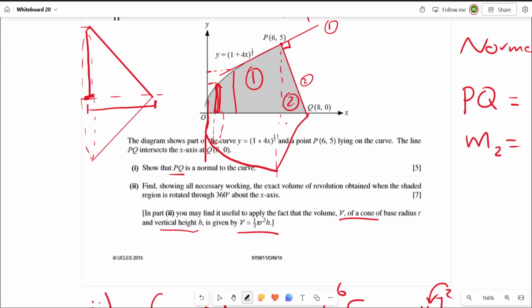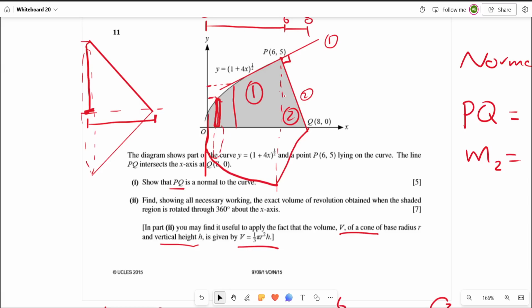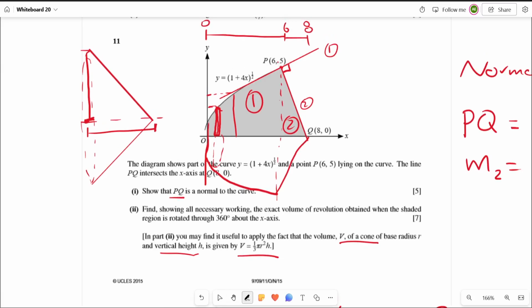For the second shape, we need to get its volume and then add these two volumes together to solve the whole question. As I said, since this second shape is a straight line, not a curve, when I revolve it around the x-axis, it's going to look something like this.